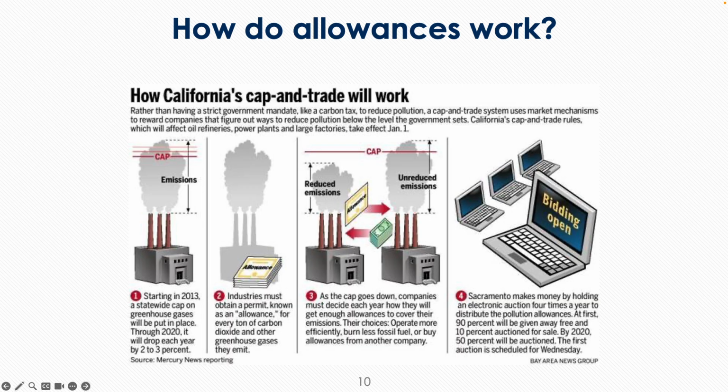So what does that cause me to do? Well, if the cost of buying new allowances is lower than the abatement cost, then I would buy new allowances. If the abatement cost is lower, I would try to abate my emissions. Yeah, exactly. So my two options are to decrease my emissions or to purchase allowances, and I'm going to do the one that's cheaper.